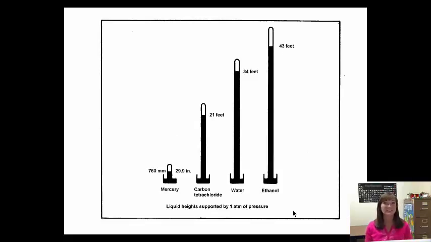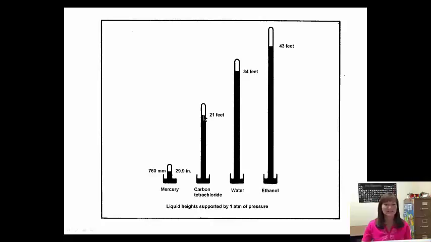So why is it they use mercury? Mercury is actually a very dense liquid. So it turns out in this picture, if we look at mercury at 1 atmosphere of pressure, that mercury column is going to climb 760 millimeters, like we had said. If we used carbon tetrachloride instead of mercury, it's not as dense. It's still fairly dense, but not as dense as mercury.